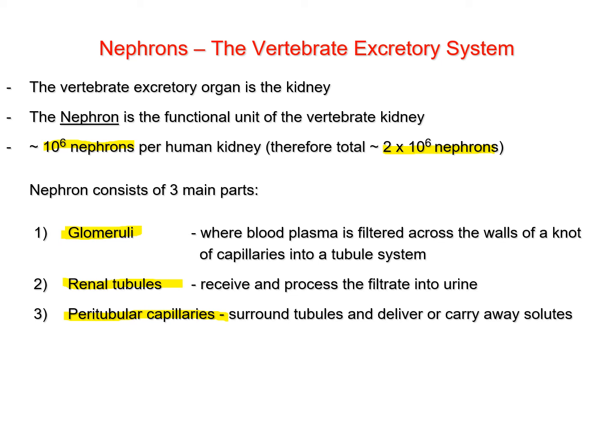It's at the level of the glomerulus, which is a capillary bed, a round knotted capillary bed, where the filtration occurs and the filtrate is formed, and then that filtrate fluid goes into the renal tubules and it gets processed. Either there's resorption of parts of it or secretion into it from the surrounding tissue. And there are peritubular capillaries that surround those tubules.